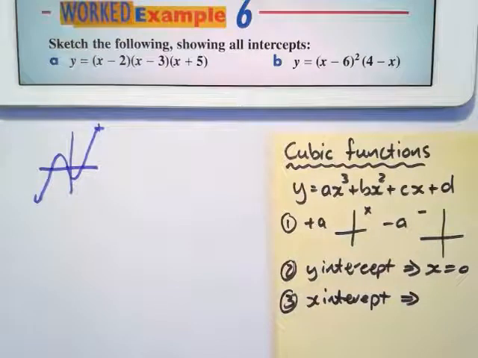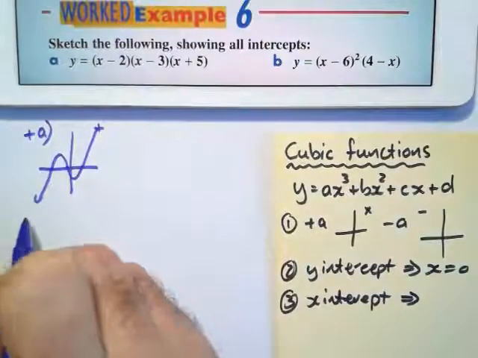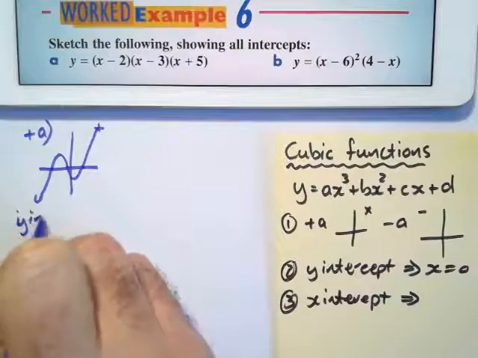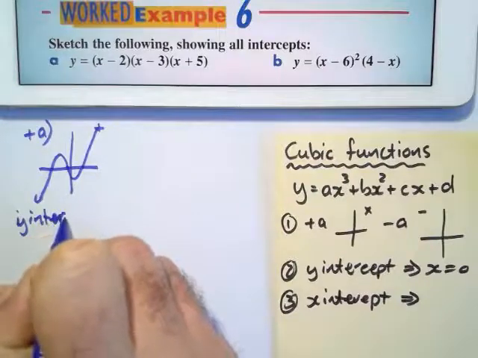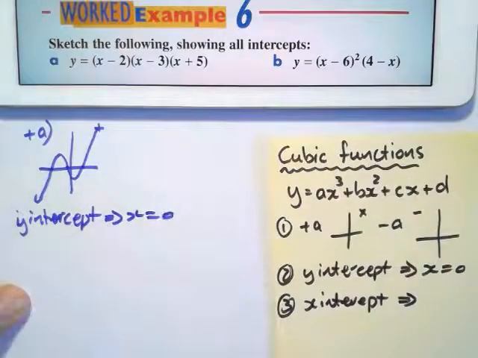Okay, now I'm going to quickly find the y-intercept. The y-intercept is where x equals 0.